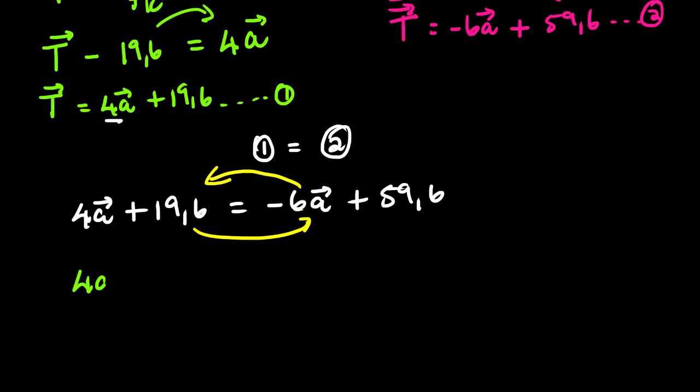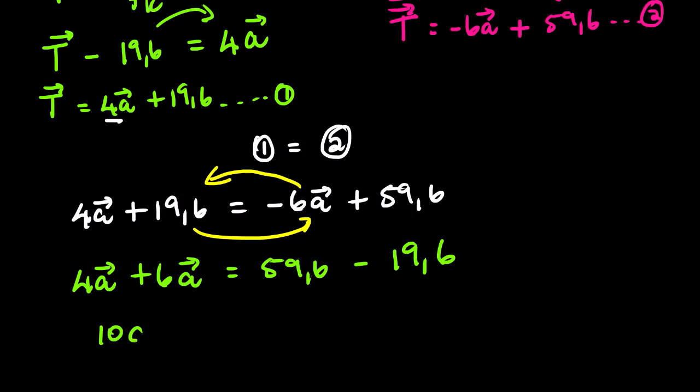So we have 4a plus 6a equals 59.6 minus 19.6. So we have 10a equals 59.6 minus 19.6, which gives 40. Then we divide both sides by 10.